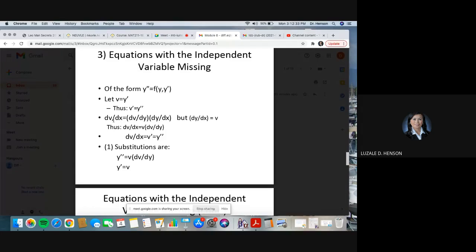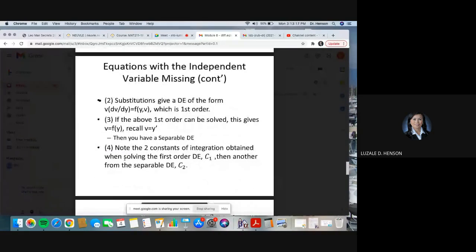So therefore, y double prime will now be written as dv/dx, which is actually equal to v dv/dy. Okay, got it? Let me repeat, y double prime will be replaced with v prime, which is equal to dv/dx, but this dv/dx is v dv/dy. So that is now your substitution for y double prime.